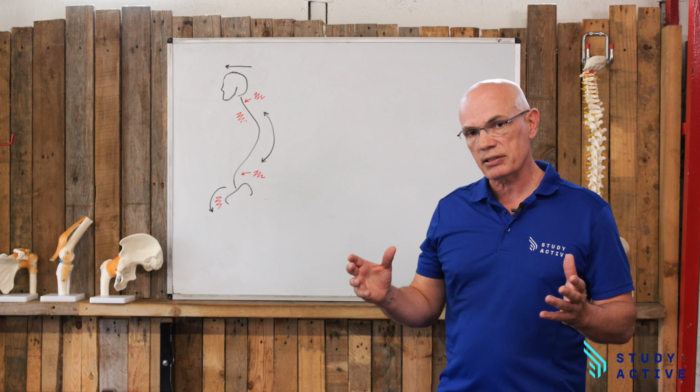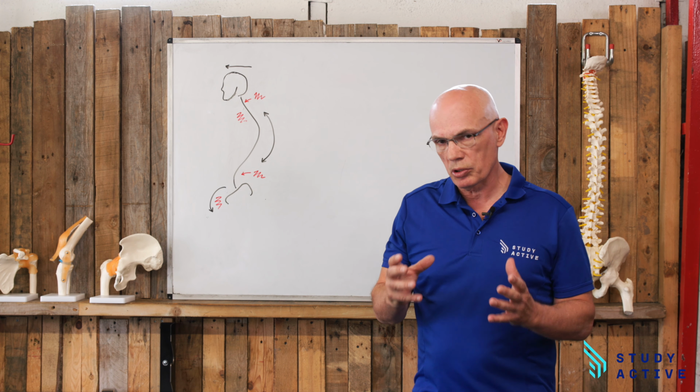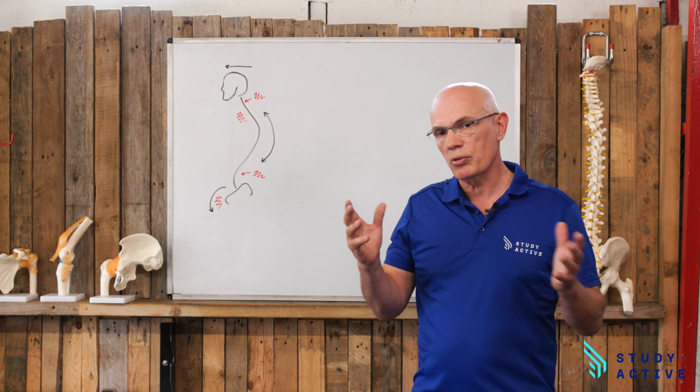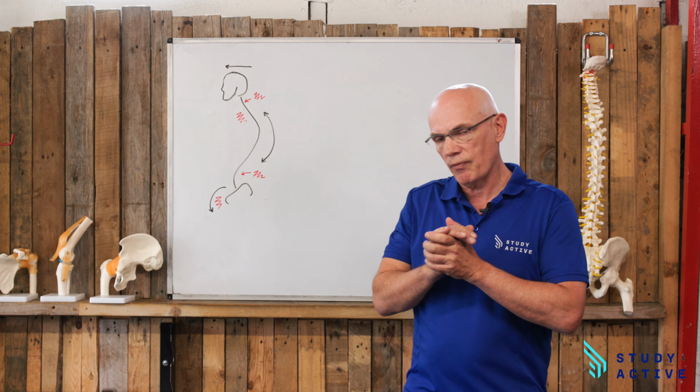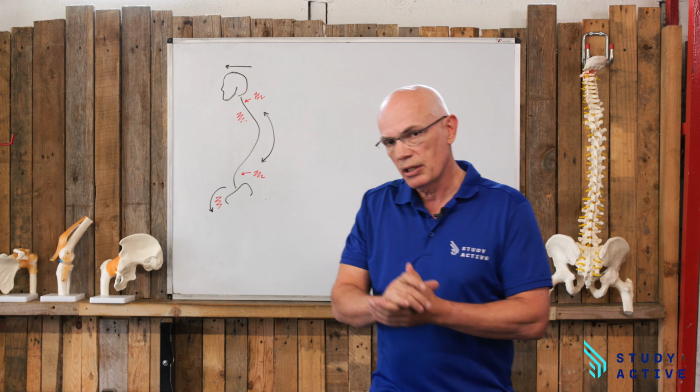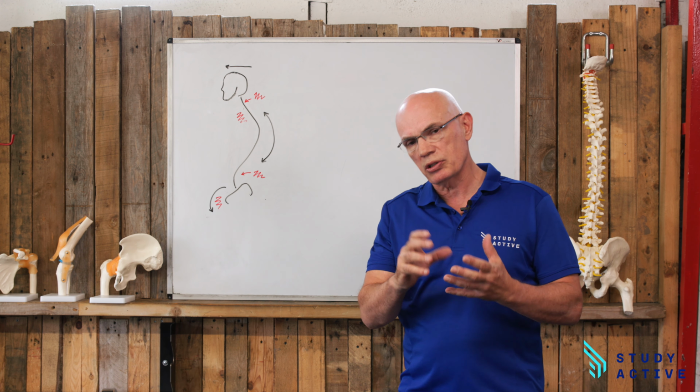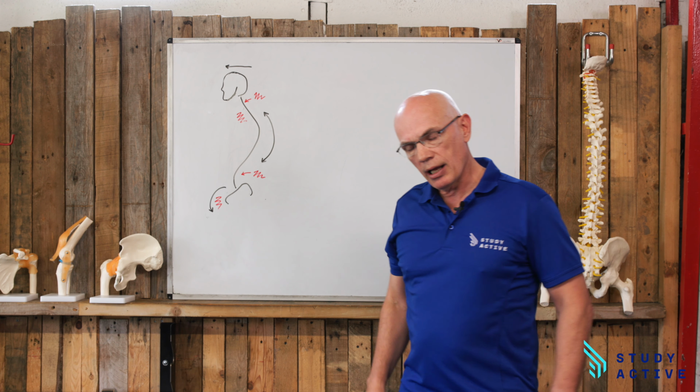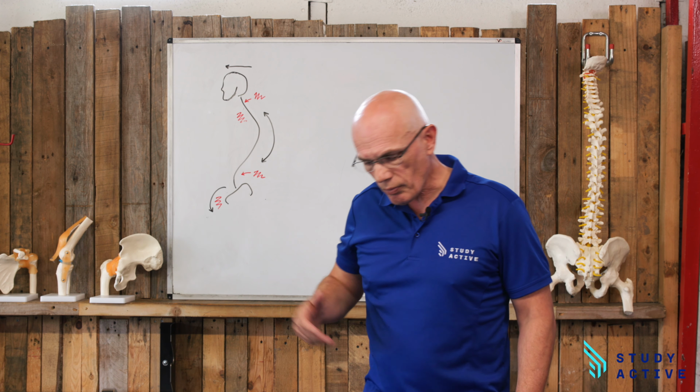Now, what are the hip flexors? Well, the primary ones we're going to focus on are the iliopsoas muscles. The iliopsoas muscle is made up of iliacus and psoas. There is a psoas major and a minor, but we won't go into that too much. The psoas muscle, very importantly, comes off the back, off the spine.